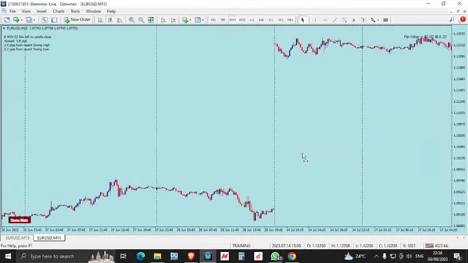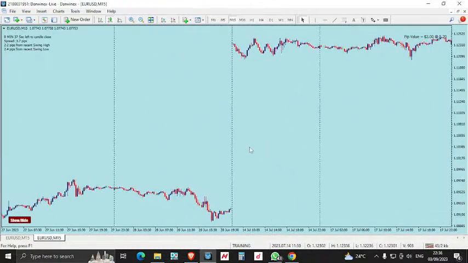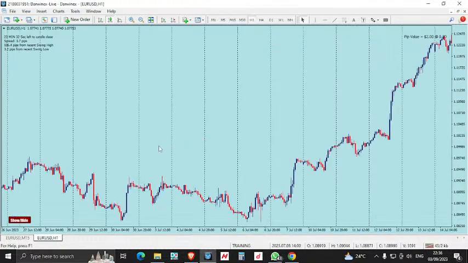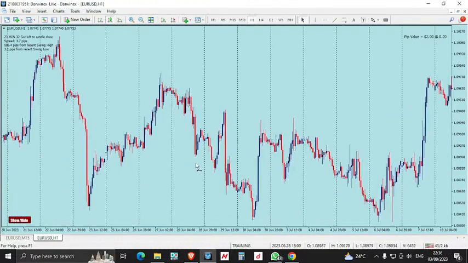Oh, this one is broken. This is 27 June. Okay, let me go to 1 hour on that 27 June. Good. I've gotten it. Okay, this is almost the same area we entered the trade. Yes, this is almost the same area.